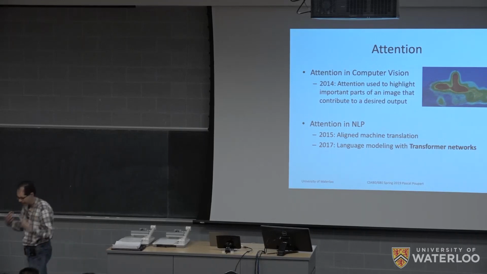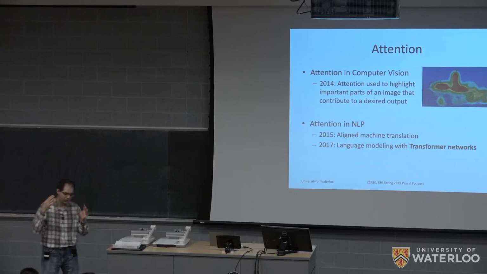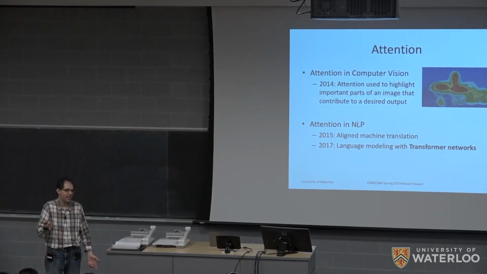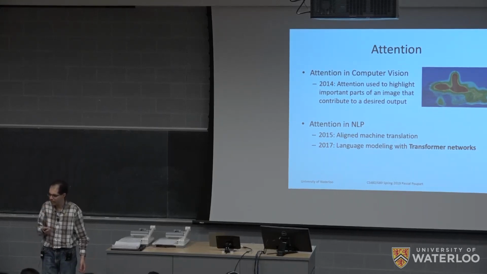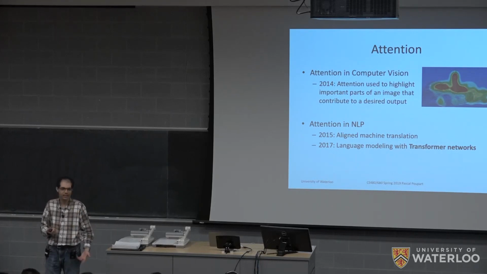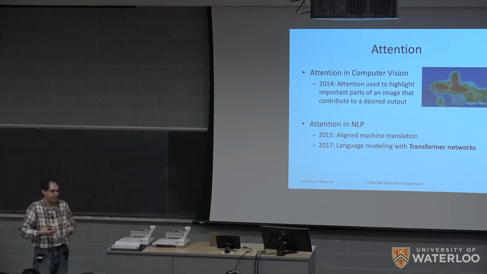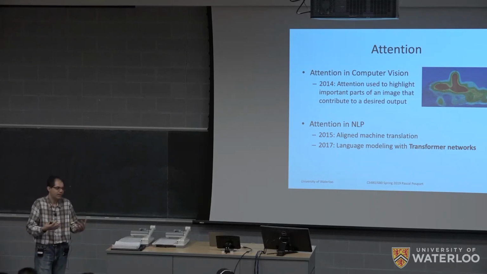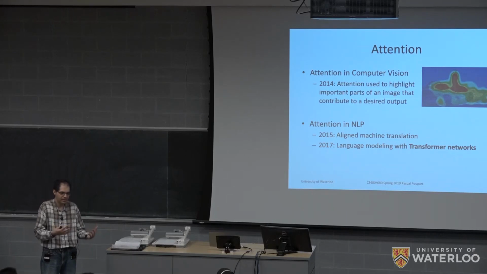Now if you train some network to do classification, an interesting question is: when the network outputs a class, how can we trust that it comes up with the right class? We could ask it, if you tell me that there's a building in this image, can you show me where that building is? This could be a nice way of validating what it thinks is a building in the image and whether it's correct or not.